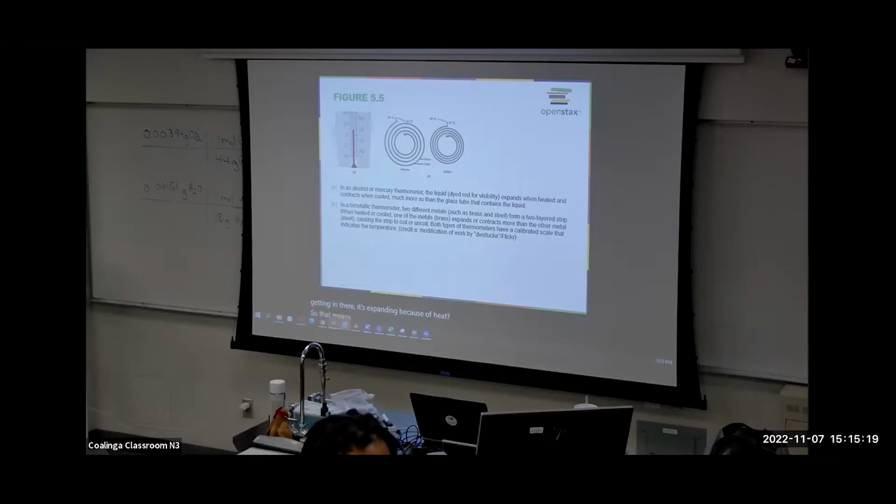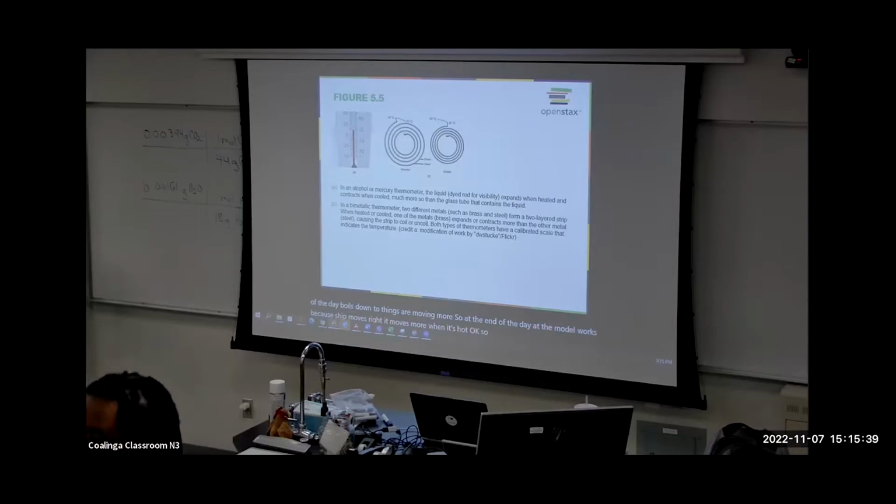Because of what? The molecules are bumping into each other more and need more space to move around. So they're moving more. Okay. So at the end of the day, it boils down to things moving more. A thermometer works because things move, right? They move more when it's hot. So that's basically how a thermometer works.